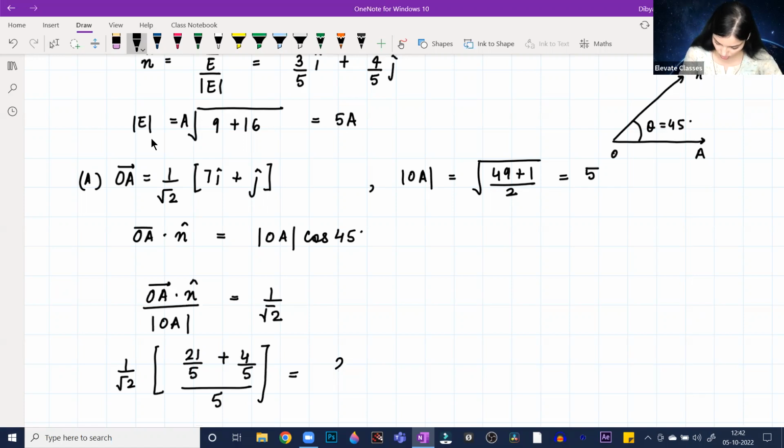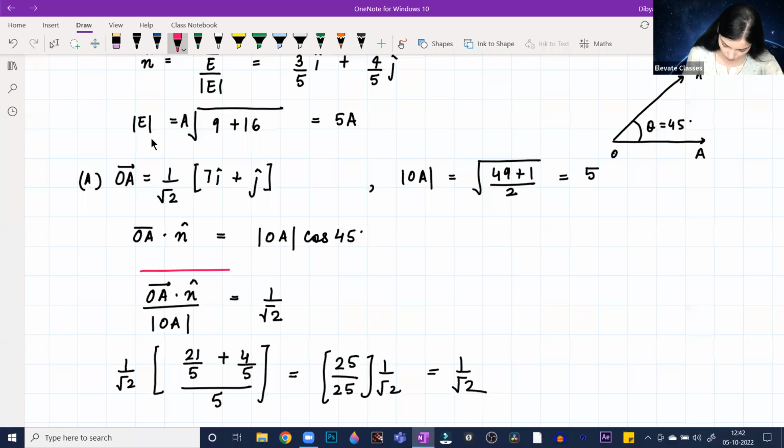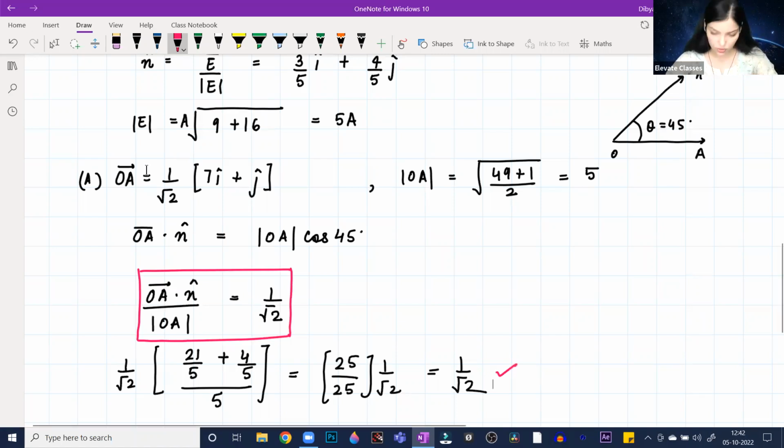So that is just 25 by 25, multiplied by 1 by root 2. So this is equal to 1 by root 2. So this is the condition that I want to check for all of them. So this satisfies. Only this calculation you have to do, which is very easy in a way.